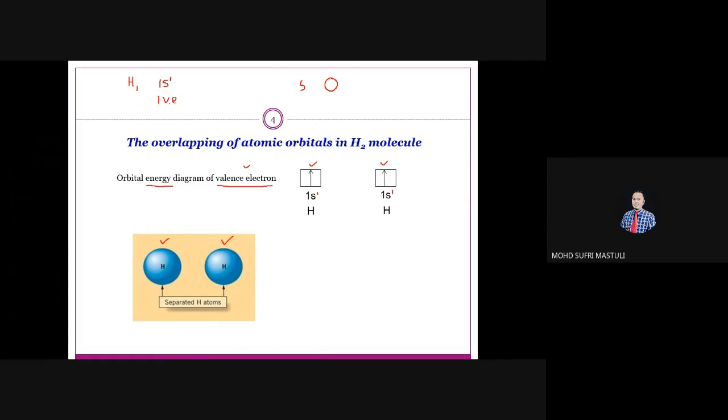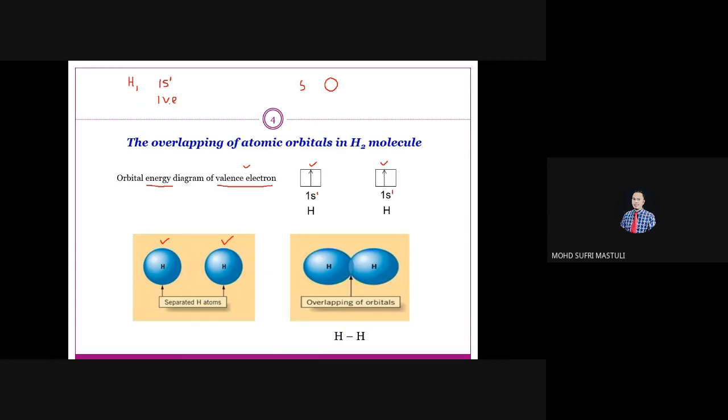This is in terms of separated hydrogen atoms before the bonding. If we want to form the bonding, these two s orbitals have to overlap. So when they overlap, it forms H2.